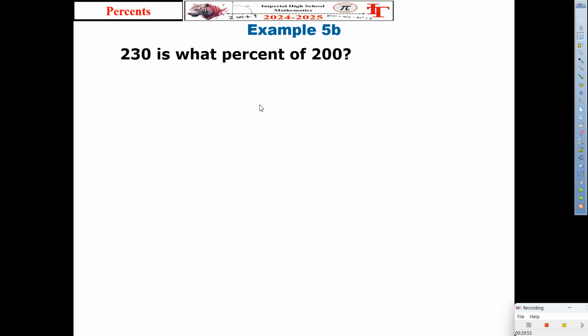So example 5B reads, 230 is what percent of 200? Fill your proportion.